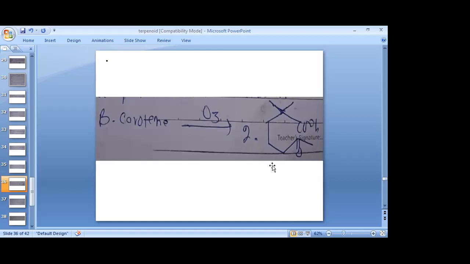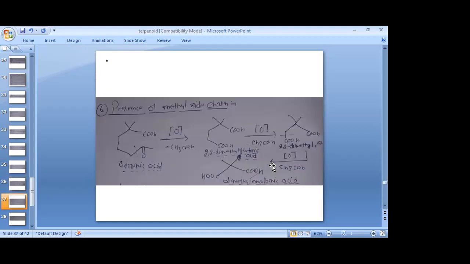And that geronic acid on oxidation gives 2,2-dimethyl glutaric acid. This reaction is useful to confirm the presence of side methyl groups in your compound, right? So we already know two methyl groups exist at this position and one methyl group exists at this position, right?